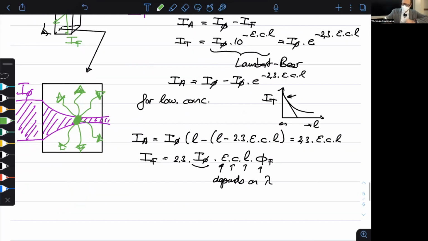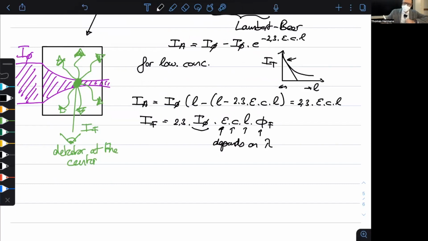Okay, so the detector is typically in the center, like I said before. At the center. So actually the fluorescence intensity you measure is underestimated, right? So you can do a correction.